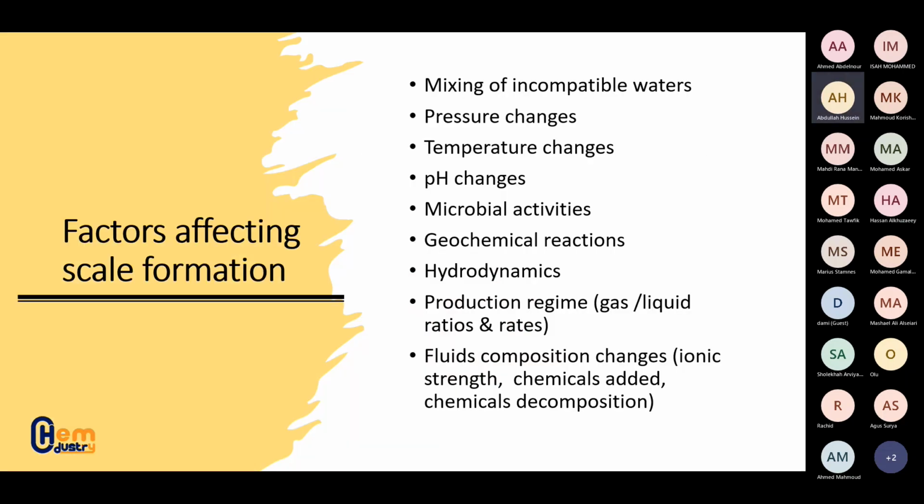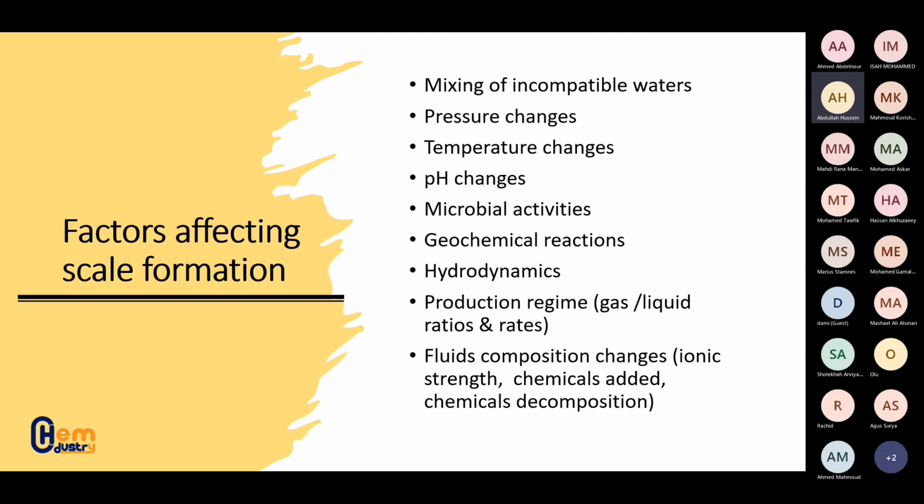So now we're going to move to the next, main and actually very important topic, which is the factors affecting scale formation. There are common factors everybody knows about, that come to mind whenever people talk about it or do their root cause investigation, such as mixing between incompatible waters, pressure change, temperature change, pH change.